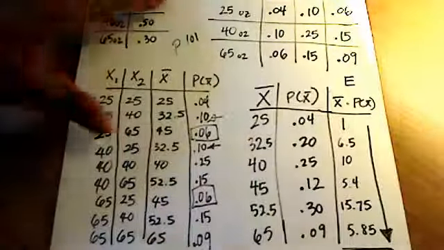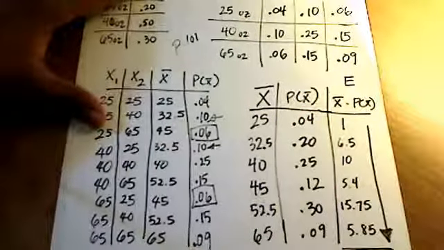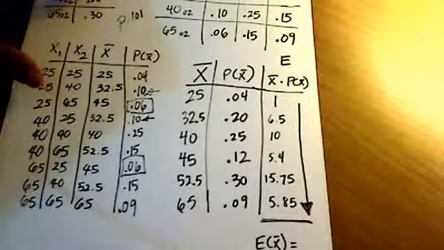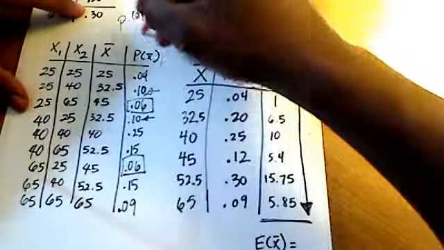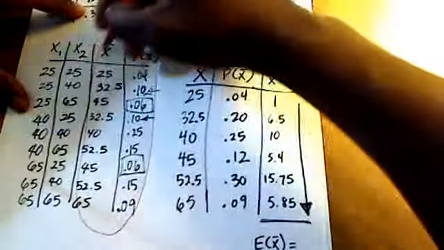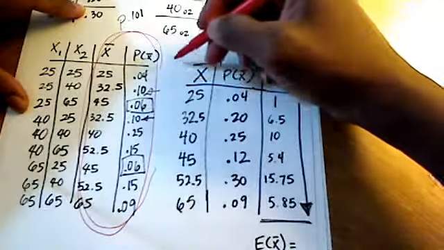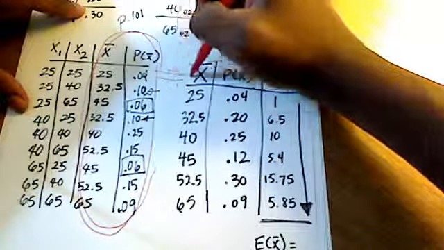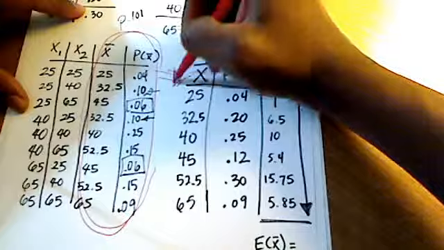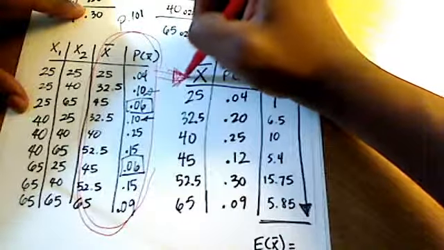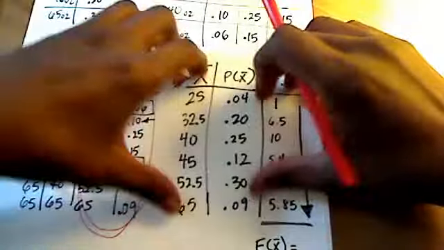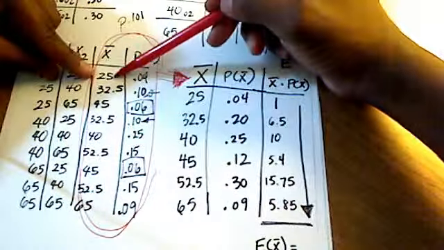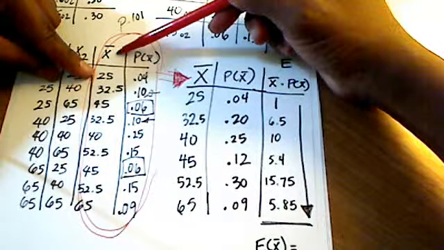Okay, so this last table that I created in the bottom right was simply a way to truncate and make all of this a lot shorter. All of this that I'm circling here in red is really just this table over here, but done a lot shorter. The reason I'm doing that is, do you see that 25 only shows up once in this X bar column?